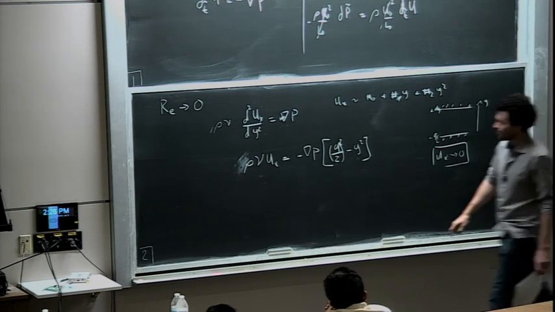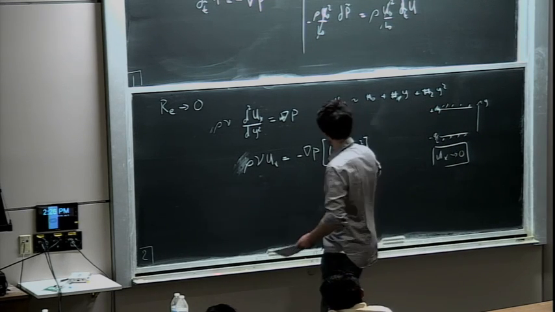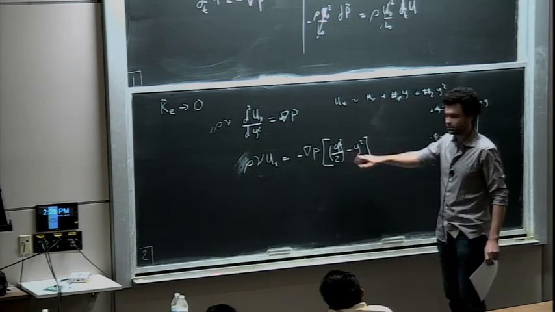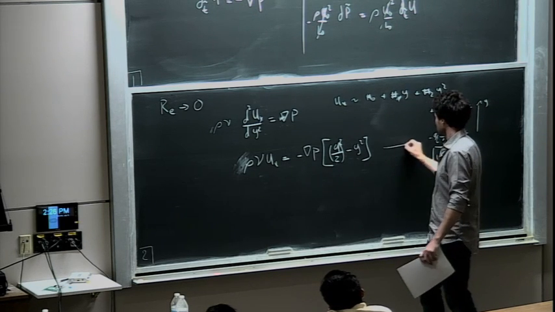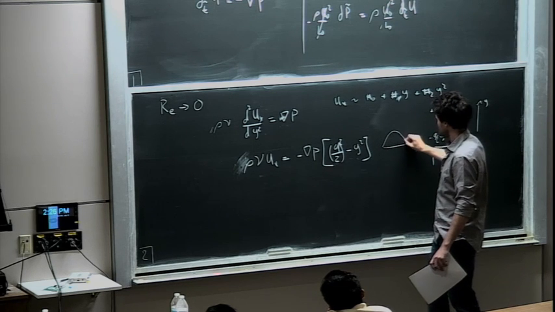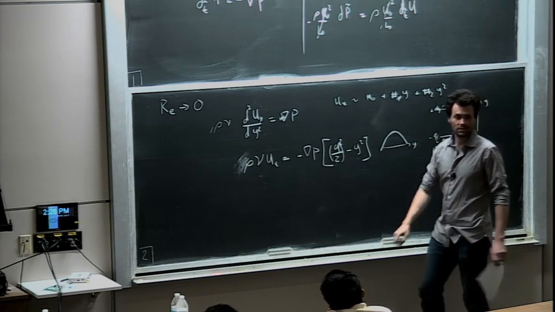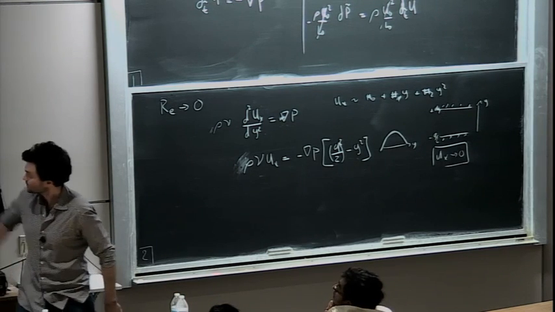And in fact, if we look at this function, if we plotted it with y this way like I did before, and we plotted the velocity, it looks like it has a quadratic profile, which is exactly what we had from our exact solution in this limit.